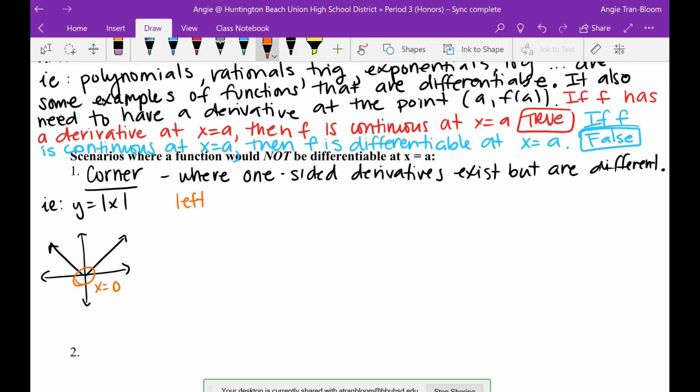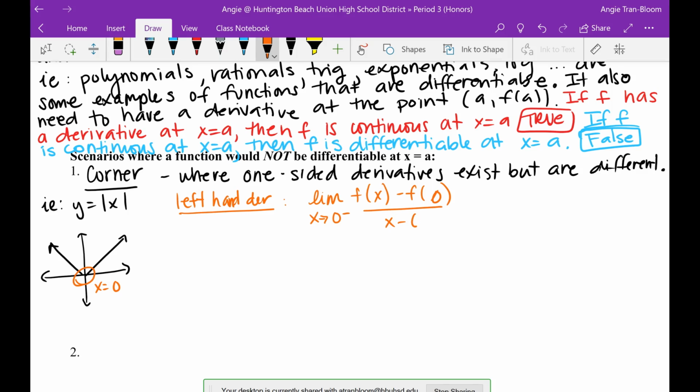Left-hand derivative. Do you want to use the formal definition or the derivative at a point? In this case, since we already know it's at 0, it's really up to you. Limit as x approaches 0 from the left, by the definition of derivative at a point, because I know my point is 0. Is that okay?